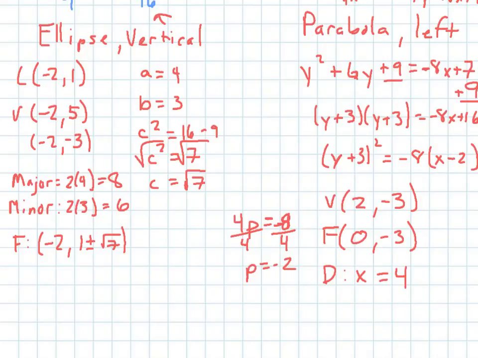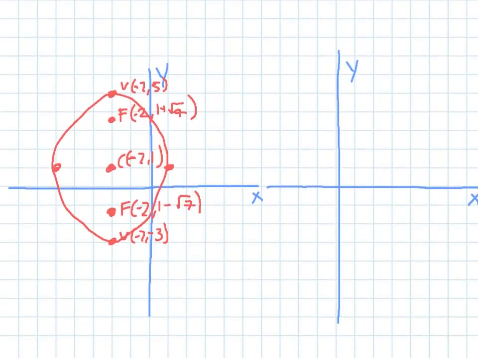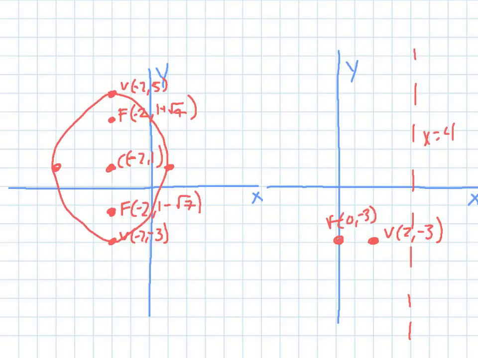Okay? So now I need to go down here and graph that. So my vertex 2, -3 is right there. Okay. My directrix is right there, so x equals 4. Your focus is right here. Okay. Now using your focal width here, focal width is 8.